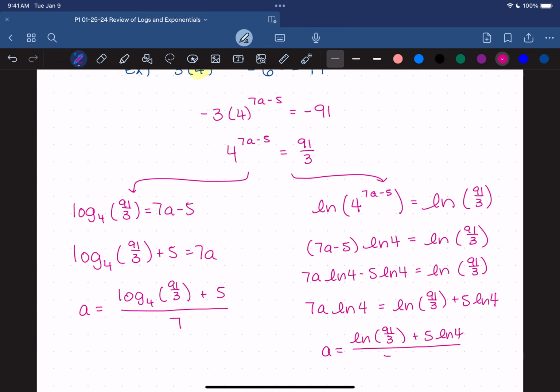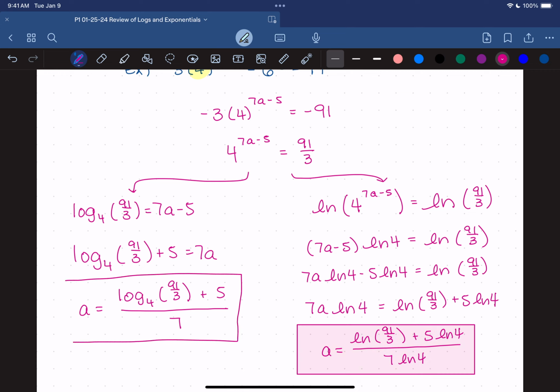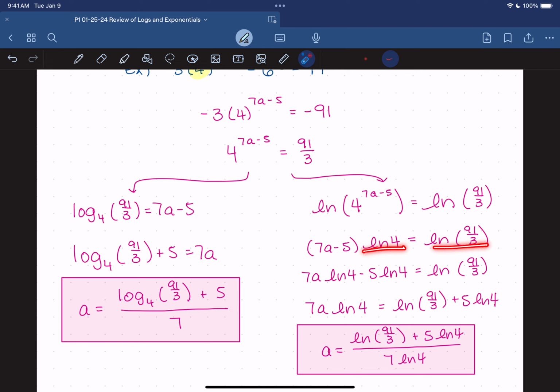And I get this. The reason why, by the way, I wanted to distribute first is, if we think about it, if I was going to divide both sides by the natural log, at some point it'd also have to be divided by 7.